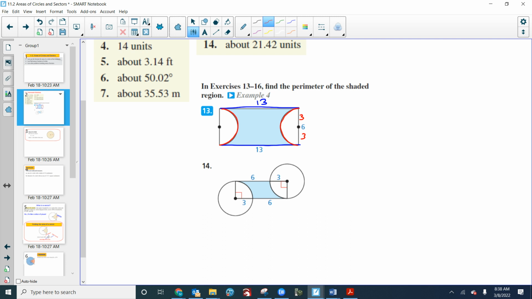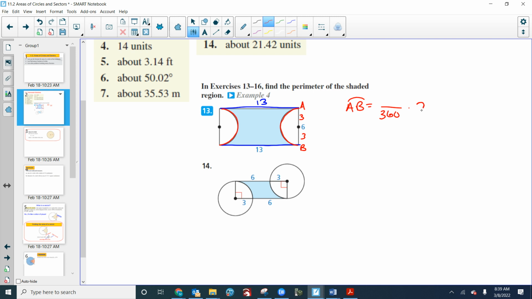How do I find the length of the red arcs? Let's call it arc AB. Arc AB is, what's the formula? Who could raise their hand and walk me through it? Paige, what's the formula? Measure over 360. Good.